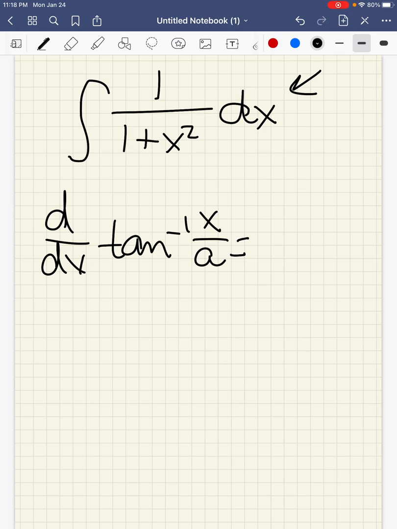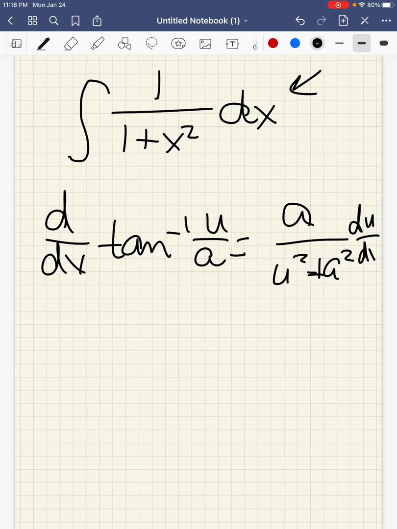Oh, sorry. Not x. U over a is equal to a over u squared plus a squared du dx. Okay, well, a is 1, which matches up with a squared is also 1.